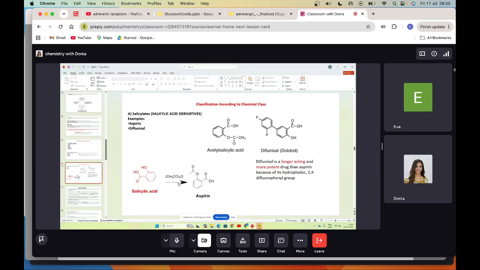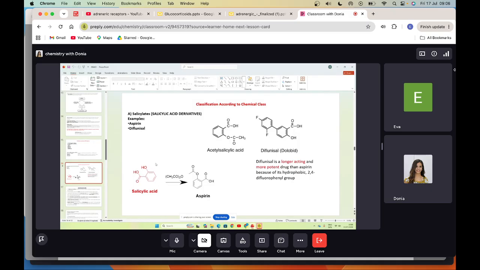So the first class, and you can write down the whole classes on a piece of paper, is the salicylates, which we call salicylic acid derivatives. This is the structure of salicylic acid. I have a benzene ring and a carboxylic acid group, and also a hydroxyl group, the OH.